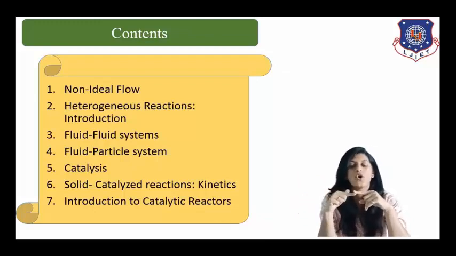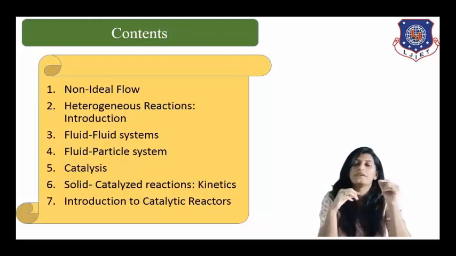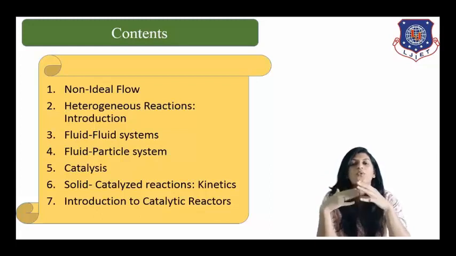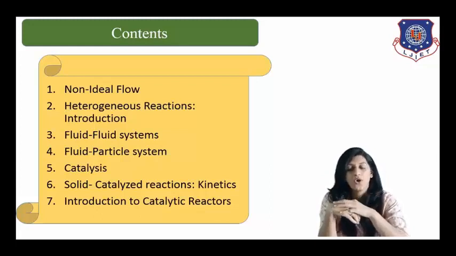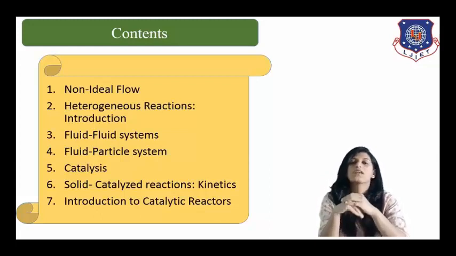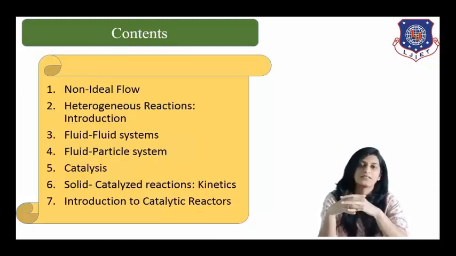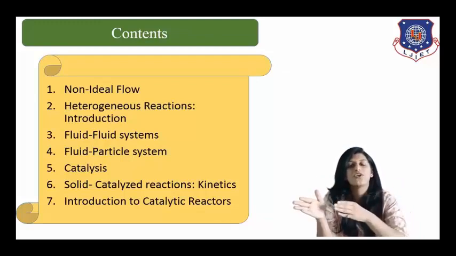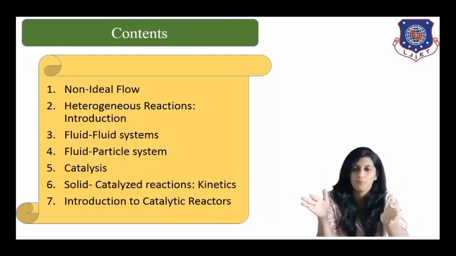First one is non-ideal flow. In case of non-ideal flow, we will deal with various systems which are running under non-ideal flow conditions, and we will see what factors or parameters lead to the conversion of ideal flow to non-ideal flow.